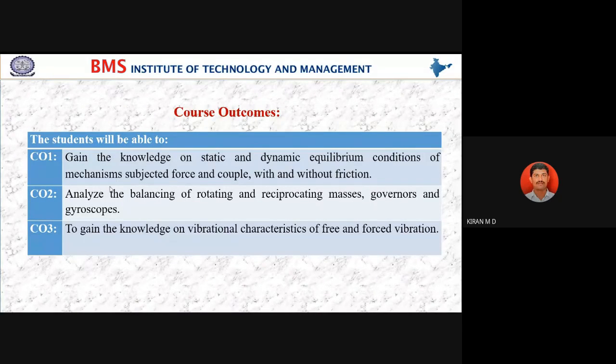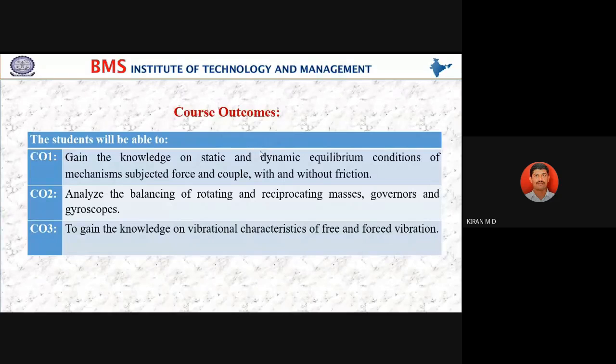From this course, the first CO I wrote: gain the knowledge on static and dynamic equilibrium conditions of mechanisms subjected to force and couple, with and without friction.